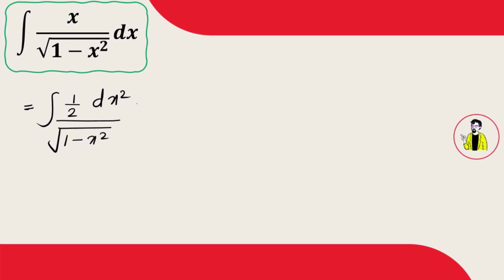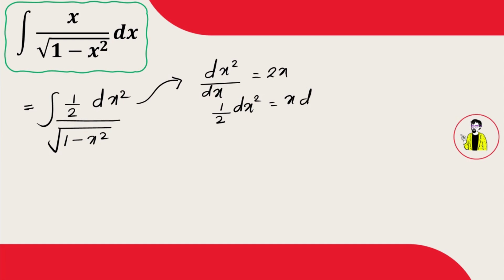How can you write x dx as half d(x squared)? This happens because when we differentiate x squared with respect to x, we have 2x. So we can write half d(x squared) as x dx. This is an important result here.